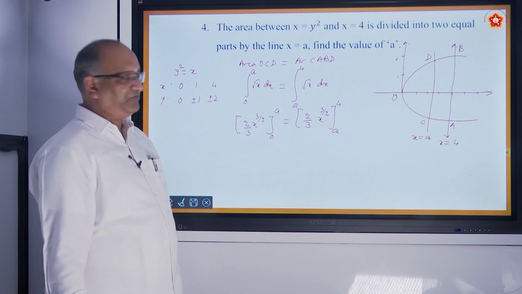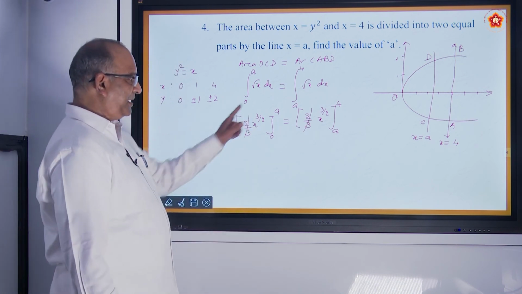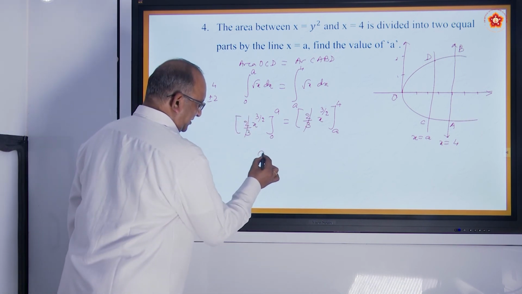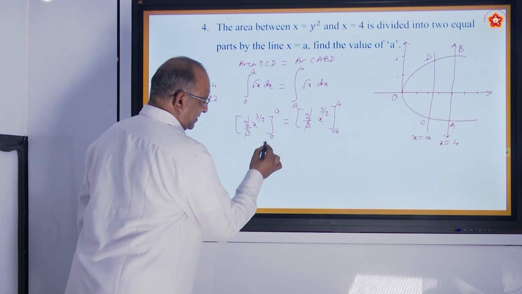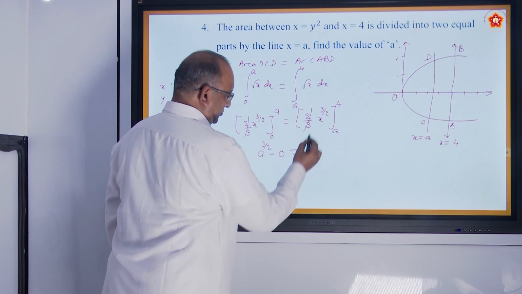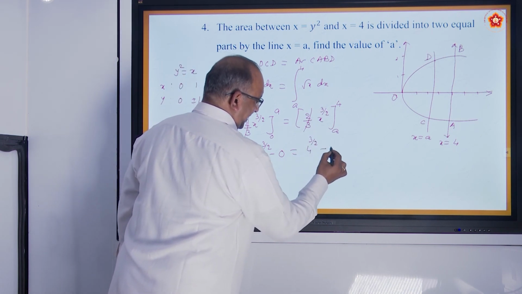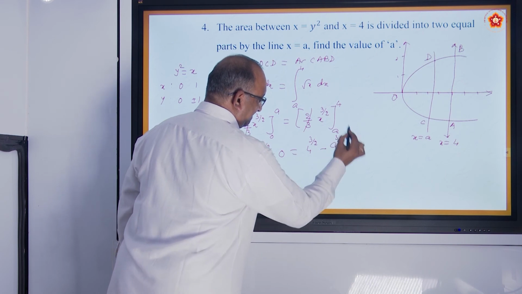Simplify. How do you simplify? Cancel 2 by 3 on both sides. Substitute the upper limit. It will become A to the power 3 by 2 minus 0 equal to, substitute 4 to the power 3 by 2 minus A to the power 3 by 2.